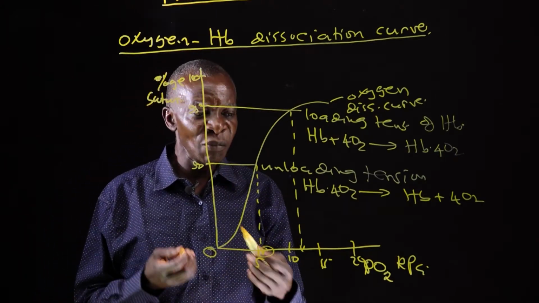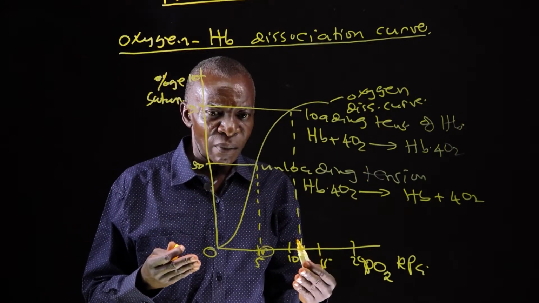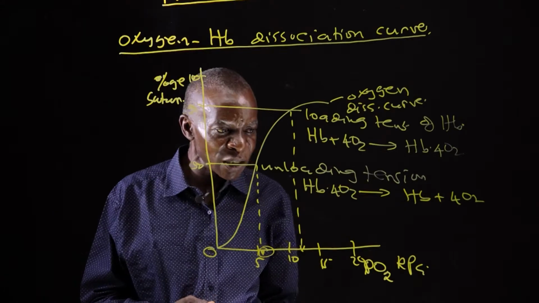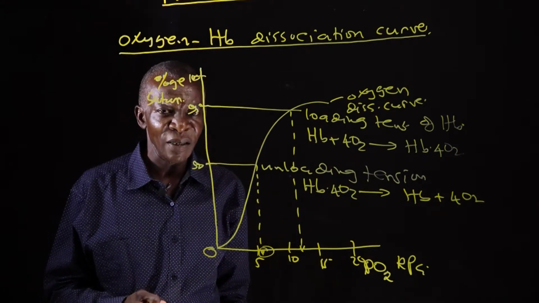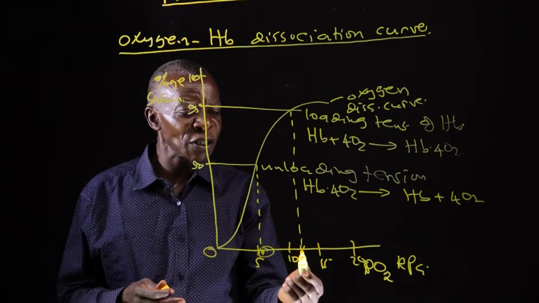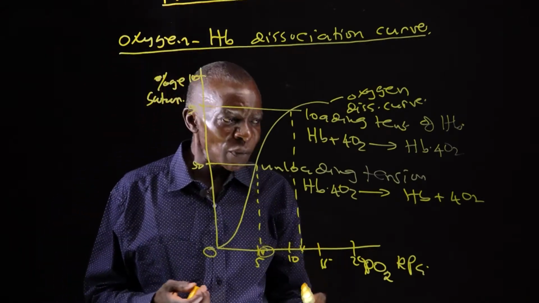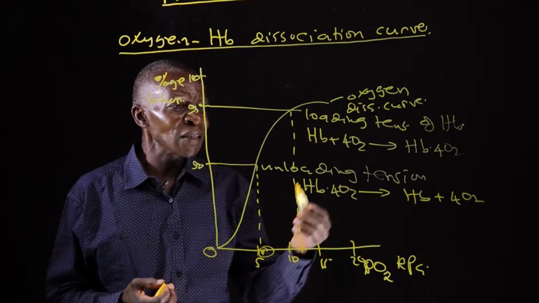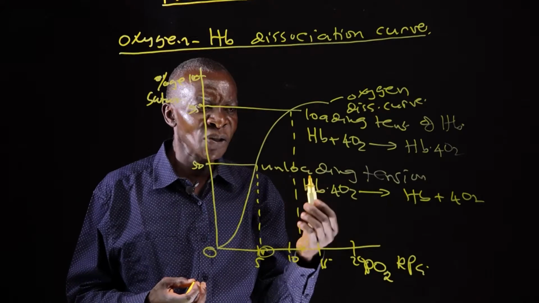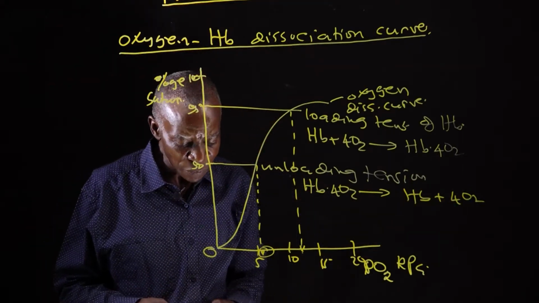So the oxyhemoglobin will dissociate to release oxygen so as to combine with the carbon dioxide. And when the partial pressure is as high as maybe 12 kilopascals, this hemoglobin will be at liberty to pick up oxygen so as to form oxyhemoglobin.